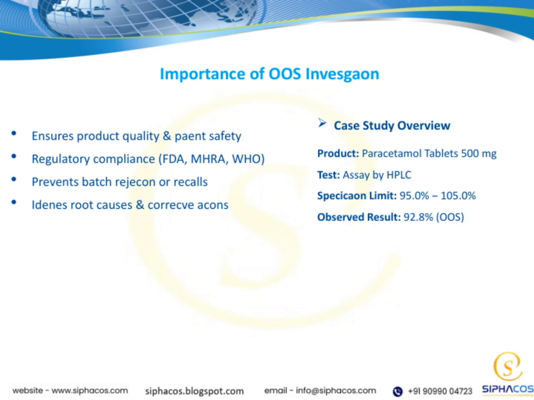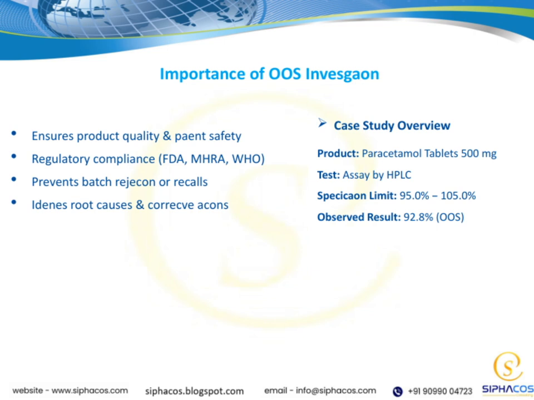Now, the observed result in this case was 92.8%, which is below the lower limit. This is what we call an out-of-specification result, or OOS. It's a critical finding because it indicates that the product didn't meet the required specifications.